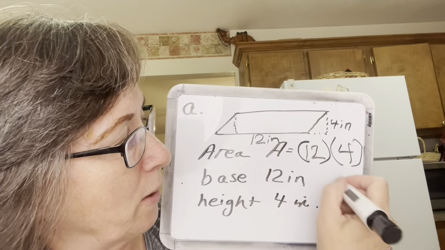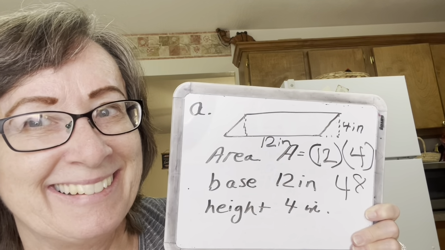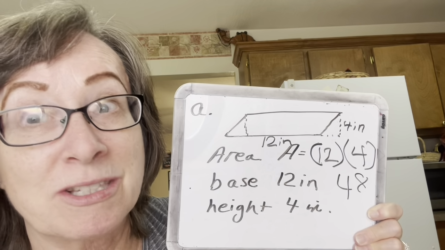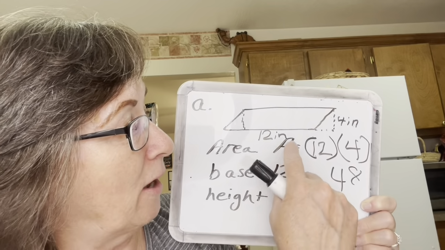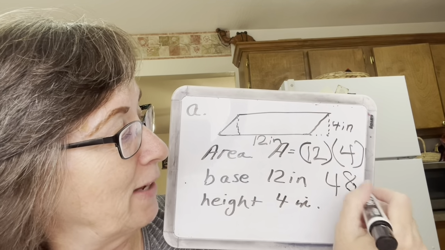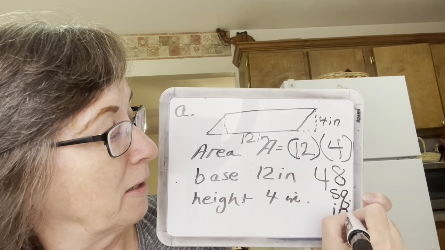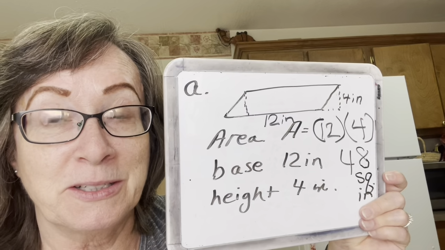And 12 times 4 is 48. Now, this is area. Remember, with area, we always use square units. So 12 times 4 is 48, but instead of inches, it is square inches because we are doing area.